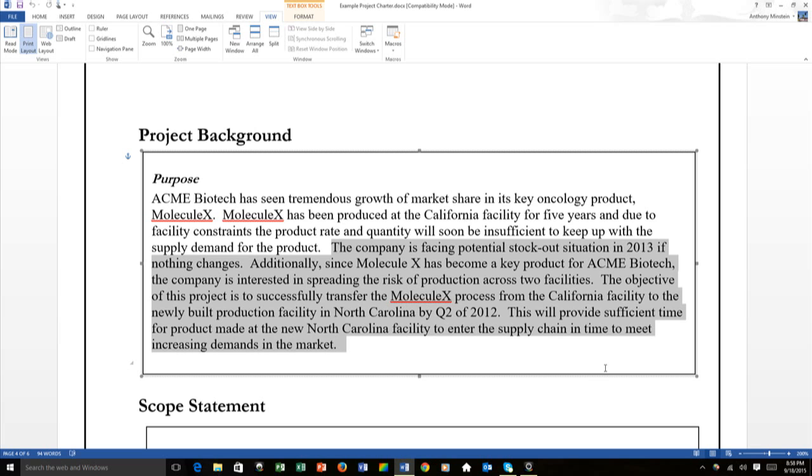So in this project, we're going to transfer the molecule by a certain time period, avoiding the stockout situation, which will provide sufficient time for product made at the North Carolina facility. Wonderful purpose. Within those 5 sentences, we know what the project is about, the context of the project, the background, who's going to do it, where it is, and what it's all about.